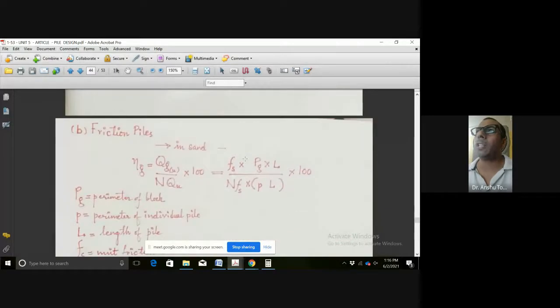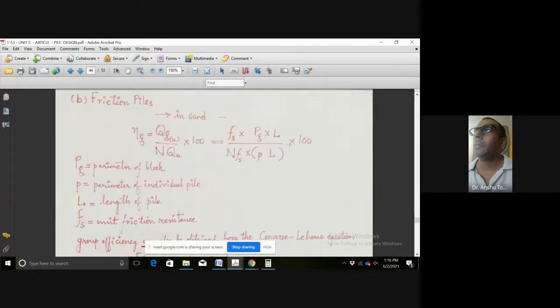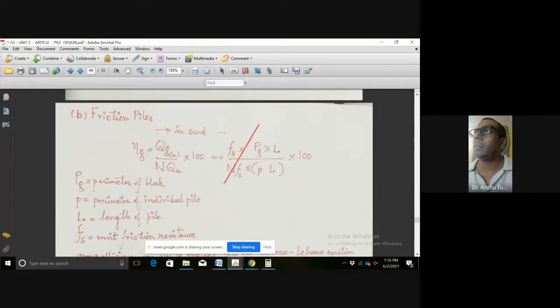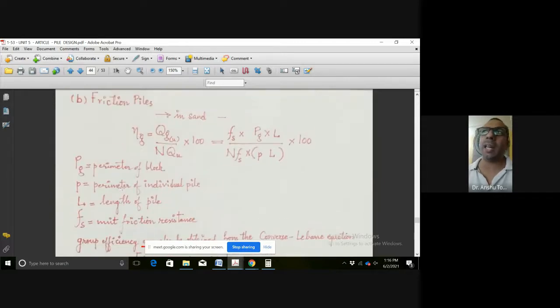In case of friction piles in sand, it is evaluated like this. Because in friction piles we know Fs into As is dominant. So now PG is again perimeter of the block. As I just told you, it is going to be perimeter of the block, not the perimeter of the individual pile.